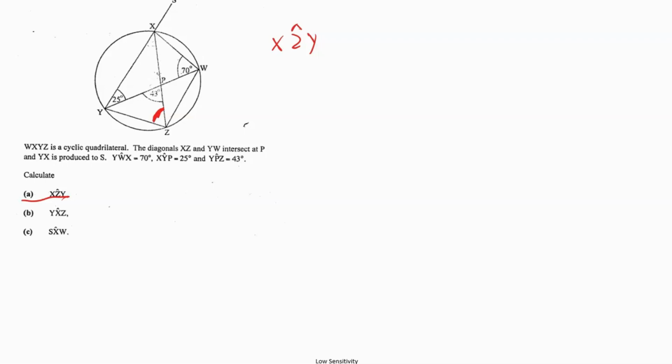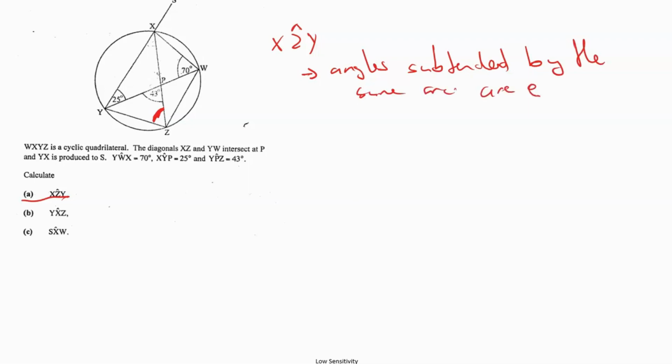We do know that angles subtended by the same arc are equal. So we have this arc XY that's subtending this angle XWY and XZY.